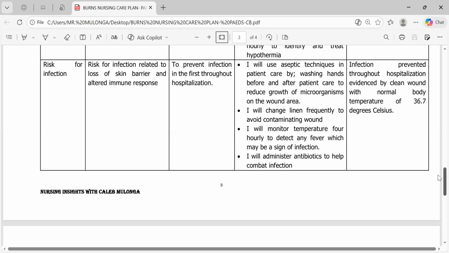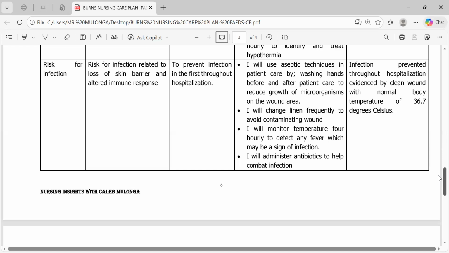So risk for infection is another problem. So this is a risk. So risk for infection related to loss of skin barrier and altered immune response. Of course, the goal is to prevent infection throughout hospitalization.